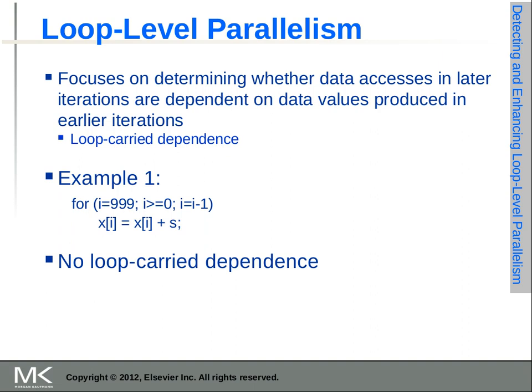So why is there no loop carried dependence here? If you were to unroll this loop, what would it be? Just looking at a strict array, it doesn't matter if these two are swapped. So you can execute all of these in parallel, right?